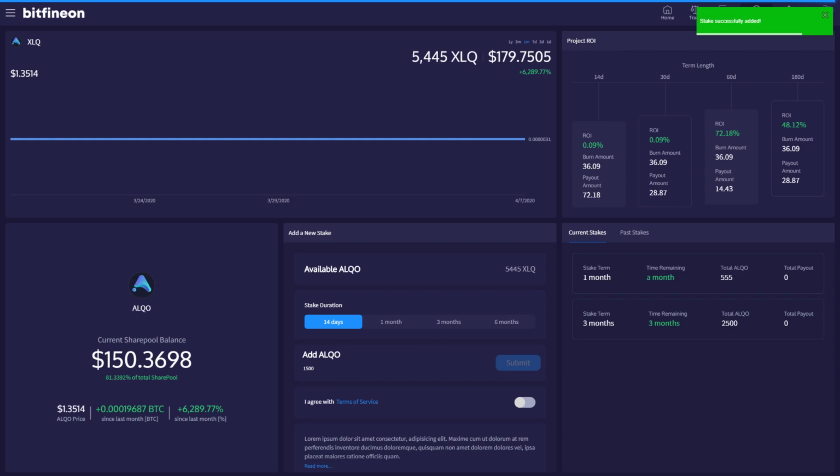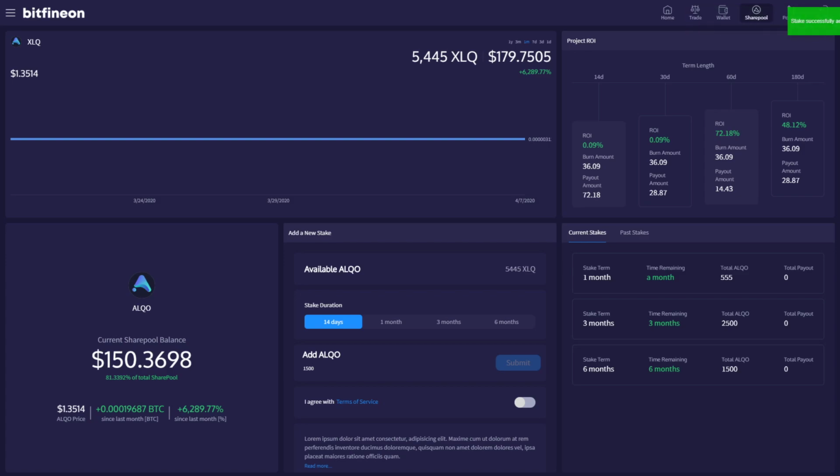If you hit submit, you'll notice that the stake was successfully added and that it populates in your current stakes with a stake term of 6 months and a time remaining of 6 months, which gives us the date of October 11th, 2020, and the total XLQ in that stake period. Once the term lengths and the projected ROI in the top right-hand corner are finally activated, you'll see those numbers and percentages update accordingly.